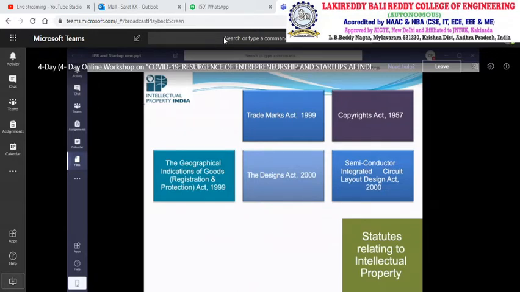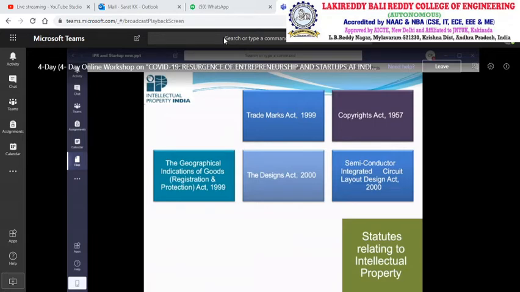Those people who are working in electronics or engineering, suppose they have developed a semiconductor integrated circuit and want to protect it, then they have to protect it through the Semiconductor Integrated Circuit Layout Design Act. Now come to the next one, what is patentable?